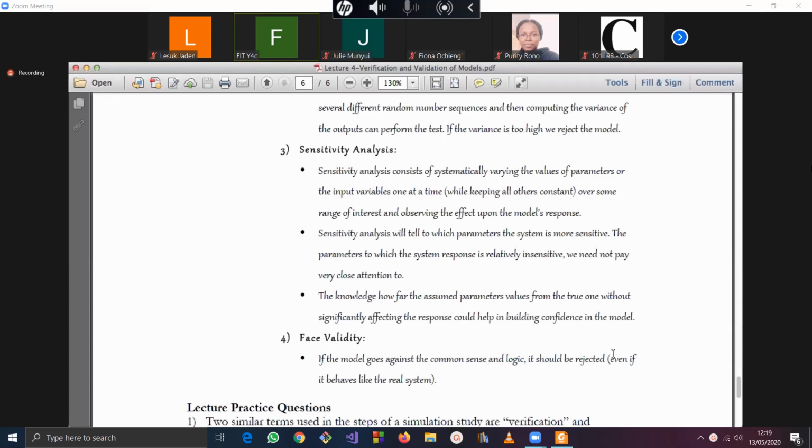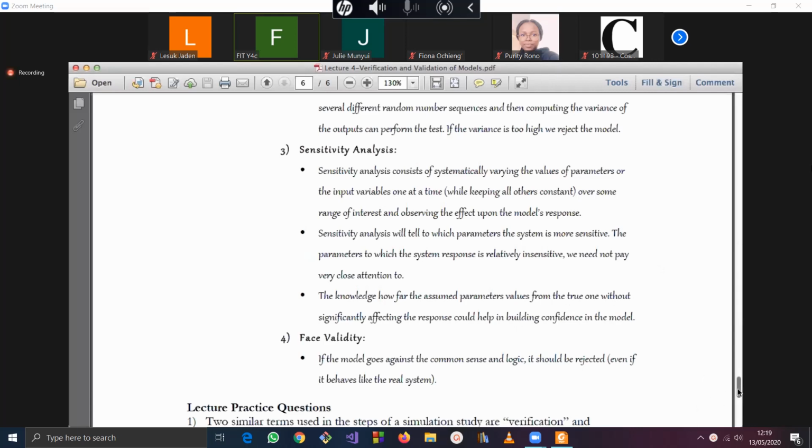There is what we call a normal, so if your model behaves abnormally, out of normal, then it cannot be accepted. There has to be some common sense in every logic. What do we expect? Even if what you have given there is from the real environment, that's what we call face value.